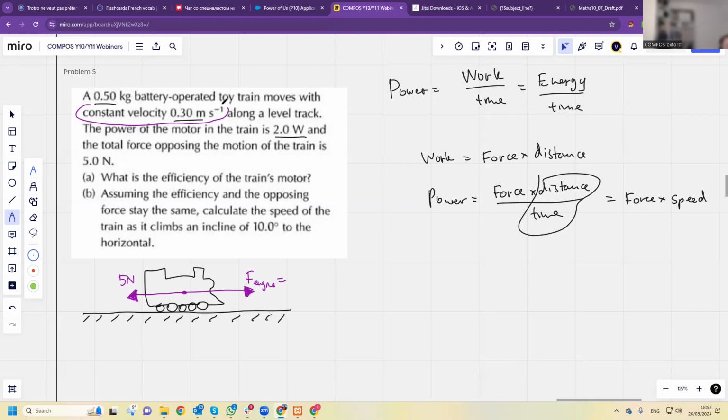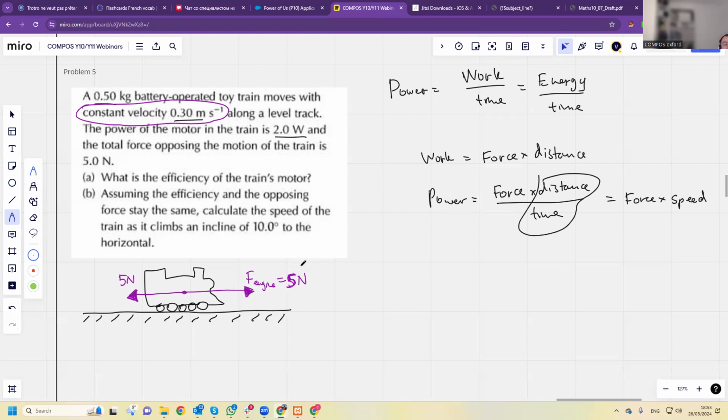What does this say? Well, yes, you can use F equals ma, but you don't have to. It depends on how you would use ma. It is 5 newtons. It is the same as the opposing force.